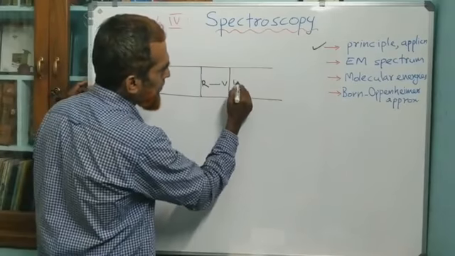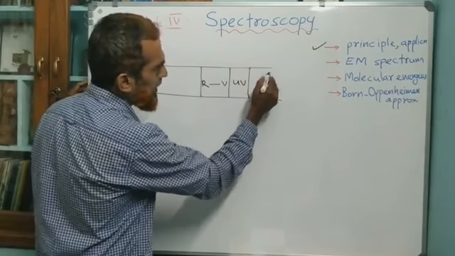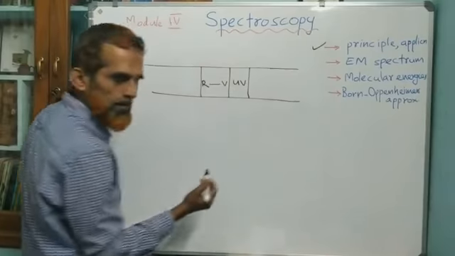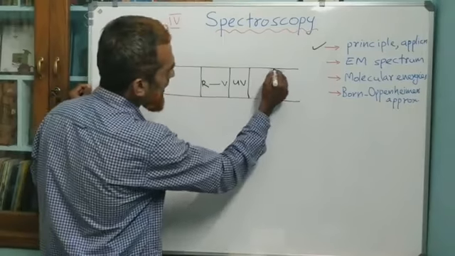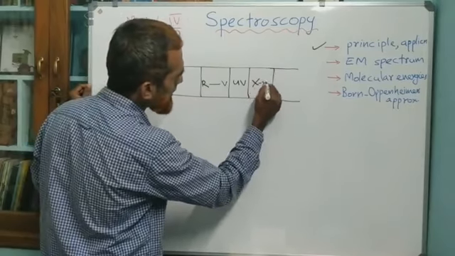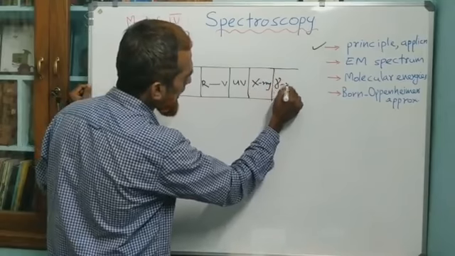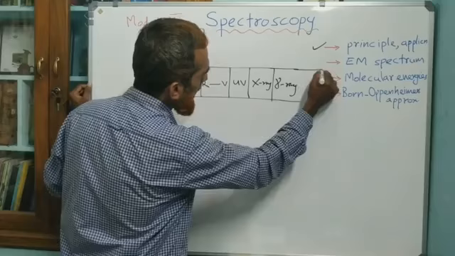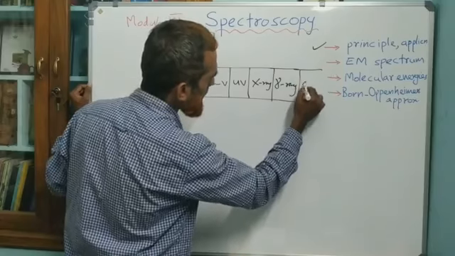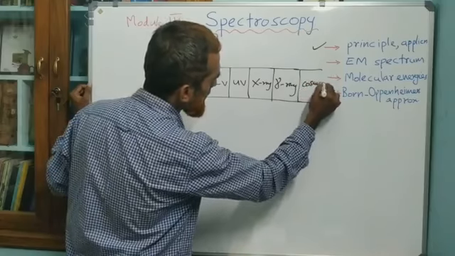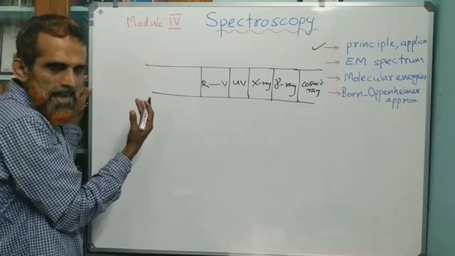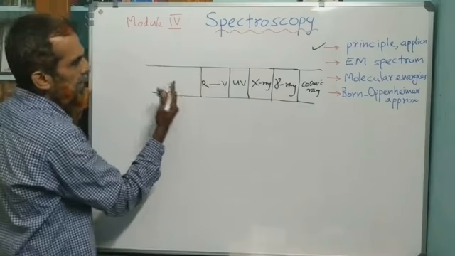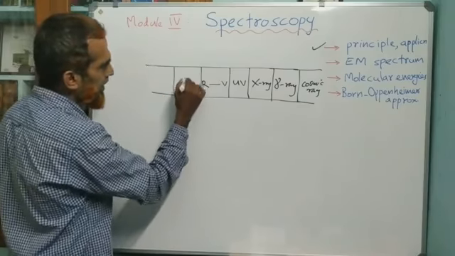After violet comes UV. And then you have X-ray and gamma ray, and cosmic ray. And radiation having wavelength greater than red, you know, is IR.